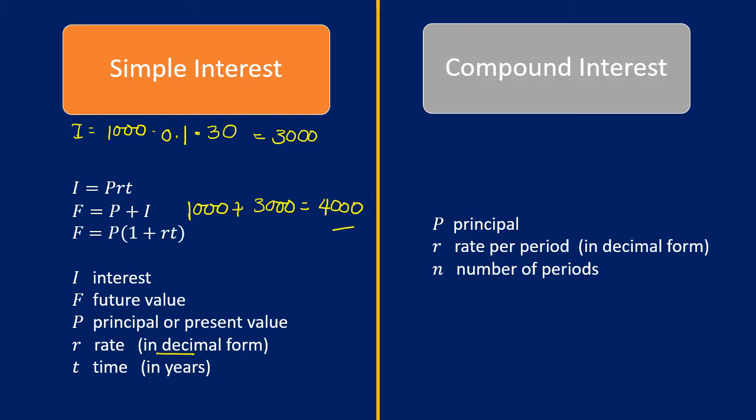Now take note, where did this come from? F equals principal times 1 plus RT.